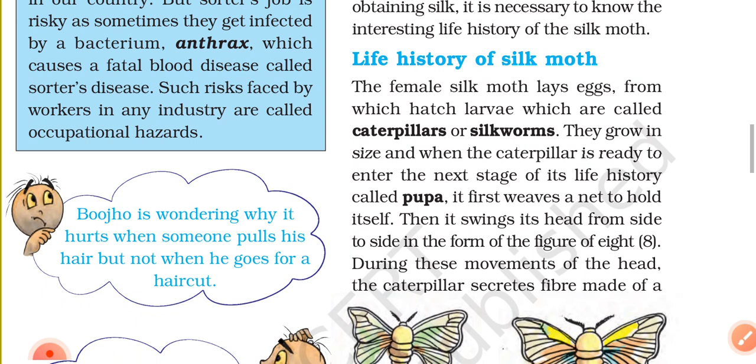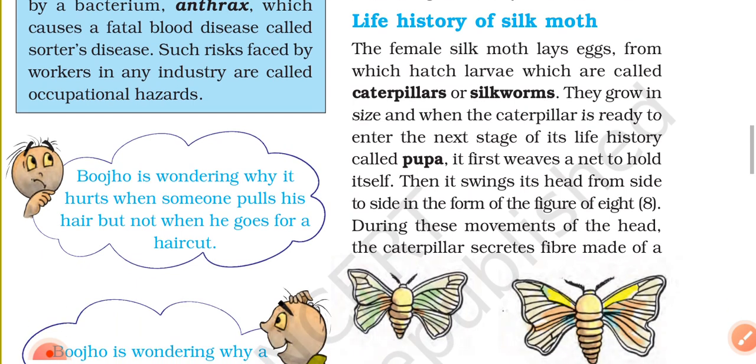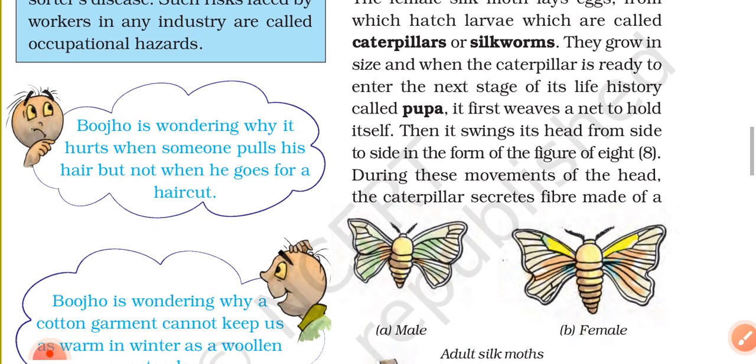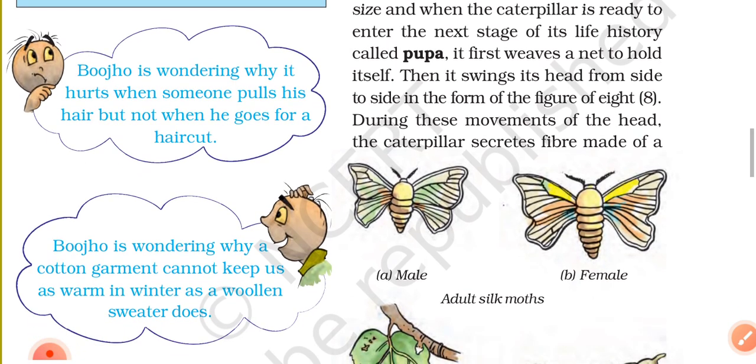The female silk moth lays eggs from which hatch larvae, which are called caterpillars or silkworms. They grow in size, and when the caterpillar is ready to enter the next stage of its life history called pupa, it first weaves a net to hold itself. Then it swings its head from side to side in the form of the figure of 8.